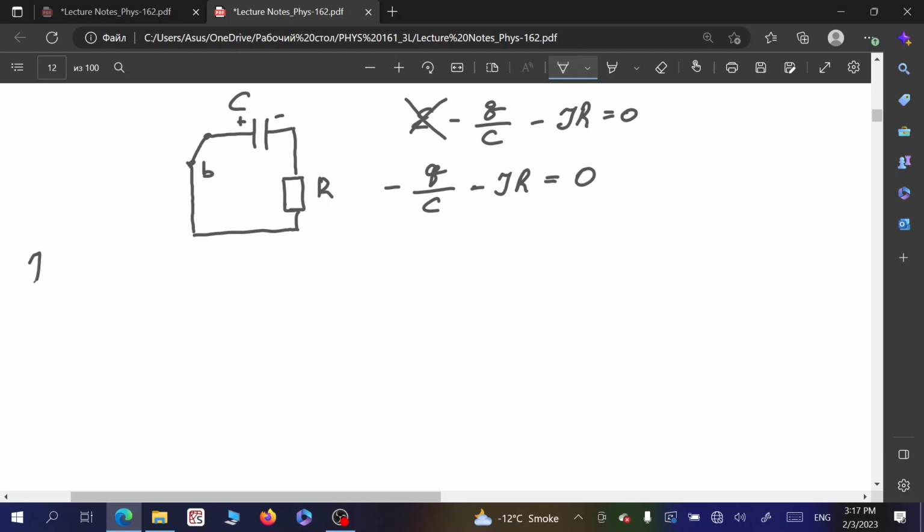We remember that electric current I is equal to dq over dt, the first derivative of electric charge as a function of time.